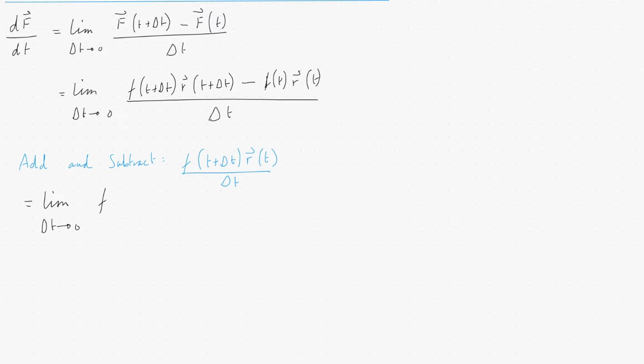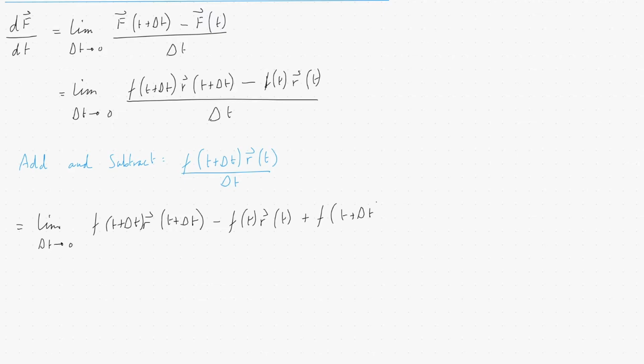Applying it to the above, we get the limit as delta t goes to 0 of f at t plus delta t r at t plus delta t minus f of t r of t, and now we're going to add 0. So plus f at t plus delta t r of t minus f at t plus delta t r of t.